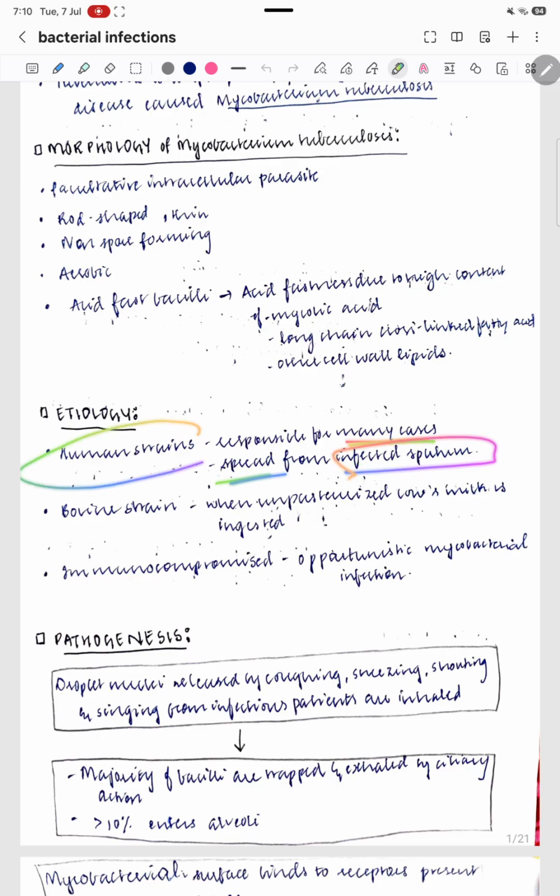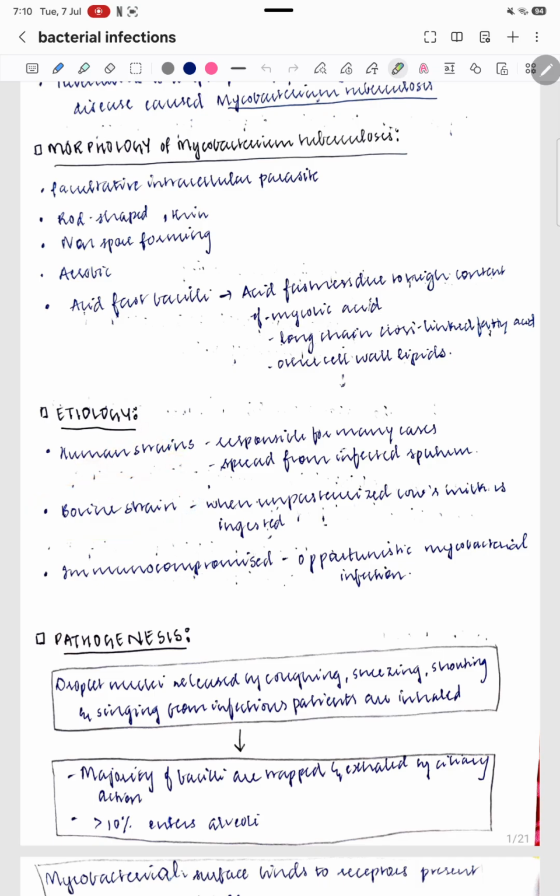There is another strain called the bovine strain, which may come from unpasteurized cow's milk. When unpasteurized cow's milk is ingested, the bovine strain of TB can be transferred.